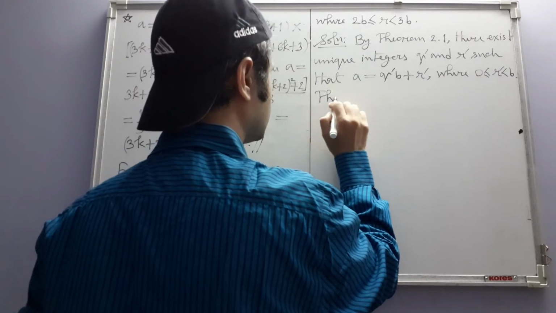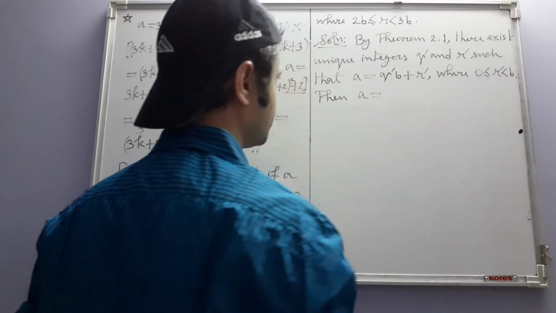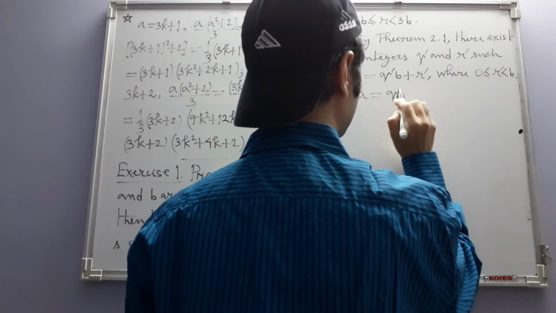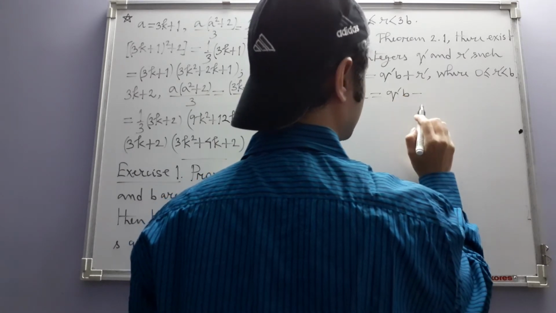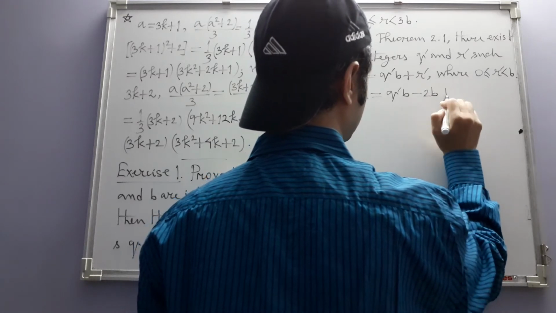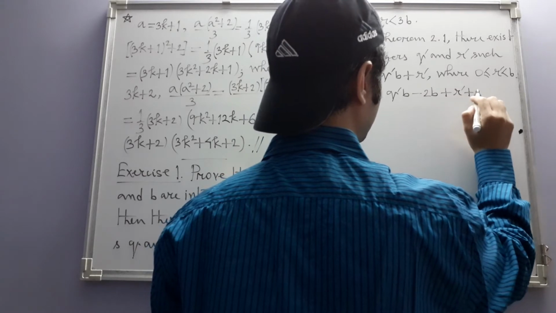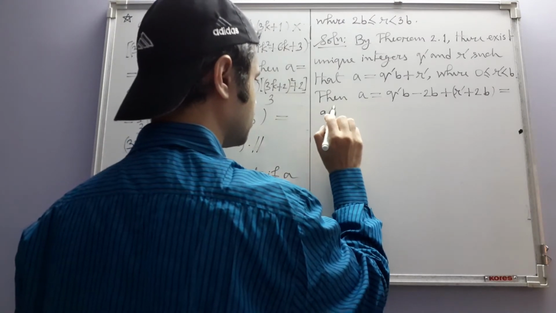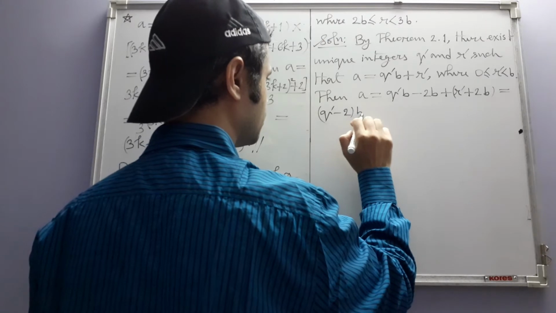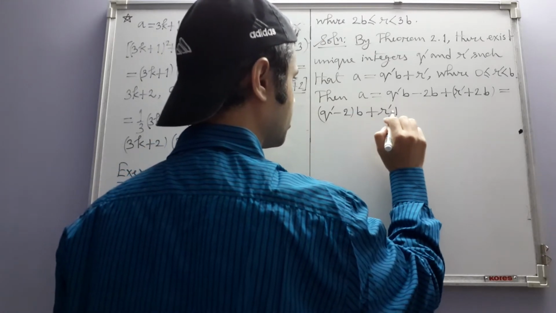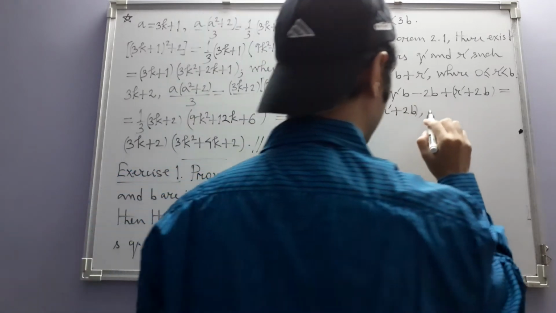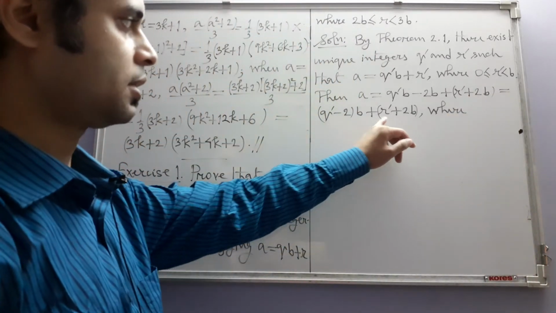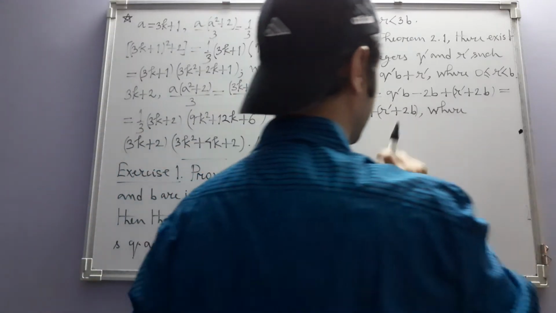Then a can also be written like this. q prime b minus 2b plus r prime plus 2b, which is equal to q prime minus 2 times b plus r prime plus 2b, where from these inequalities we can say something about this integer.